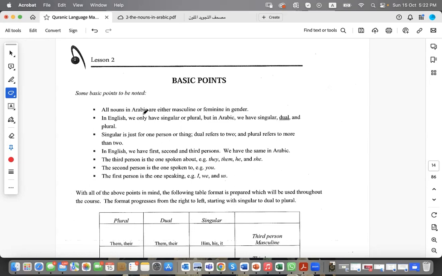So all nouns in Arabic are either masculine or feminine in gender. And this is very important, to be more accurate, that is except some of the particles, or most of the particles. Other than this, all the words have to be either masculine or feminine. This is super important. And by the way, why is it important for us to understand this and keep it in mind all the time?